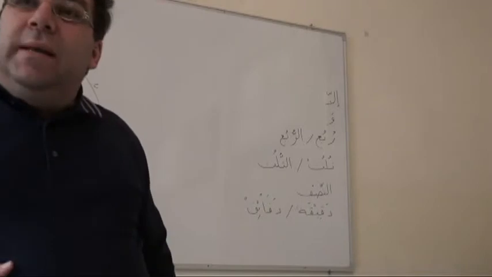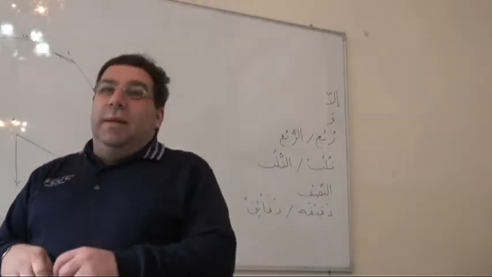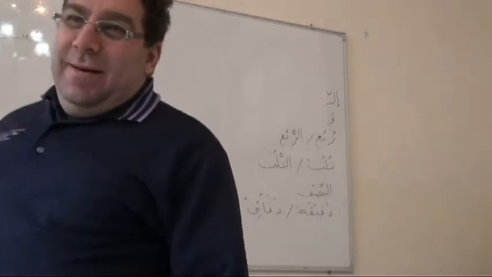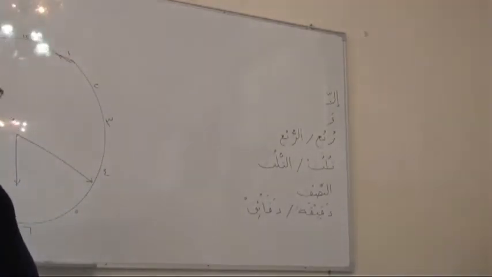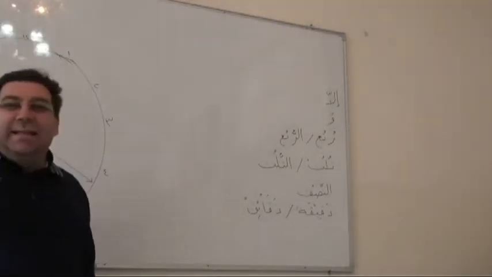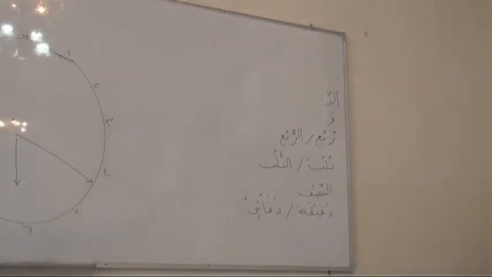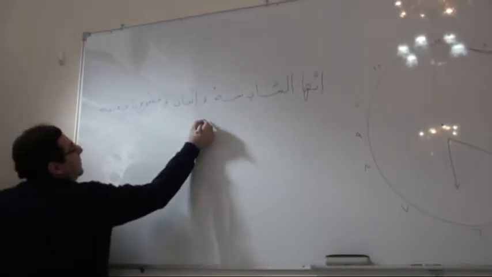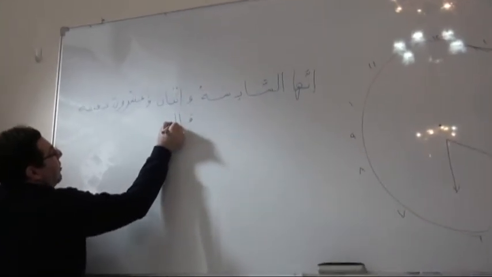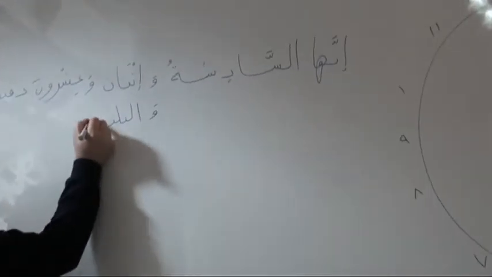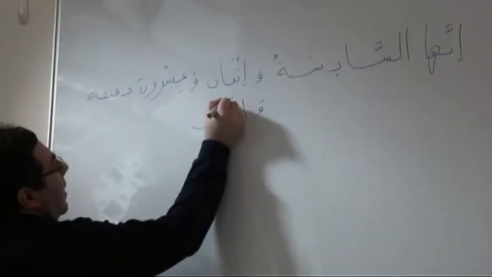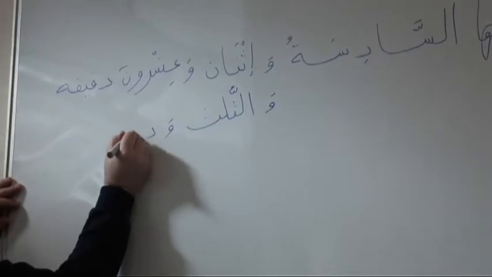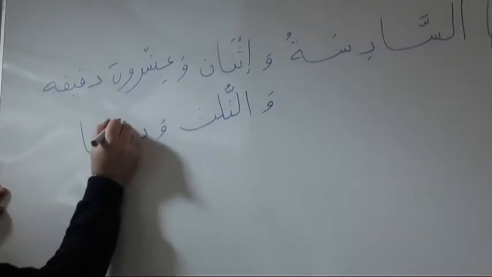So ya and noon when it is fatha or kasra. So again, إنها السادسة والثلث ودقيقتان.